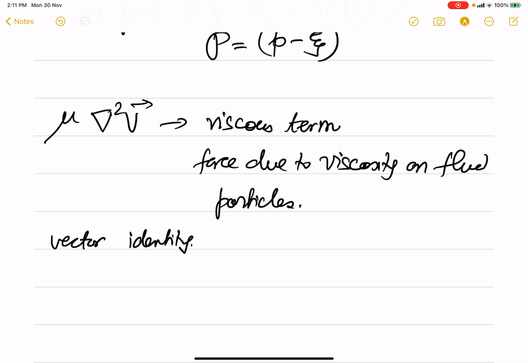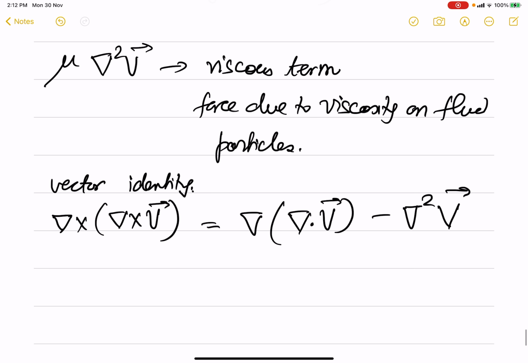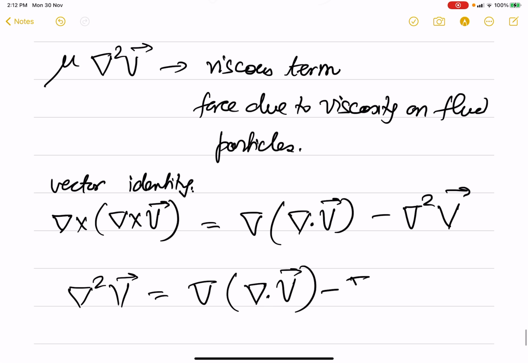There's a vector identity: del cross del cross V is equal to gradient of del dot V minus del square V. So from here, del square V is equal to gradient of del dot V minus del cross del cross V. This is just mathematical.